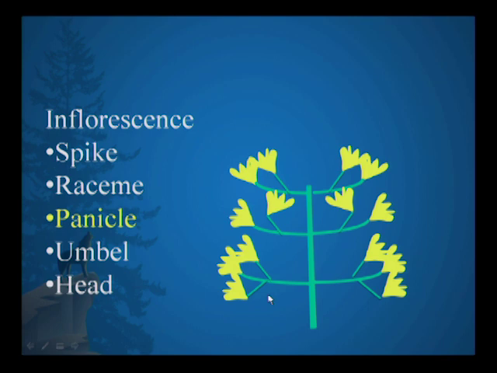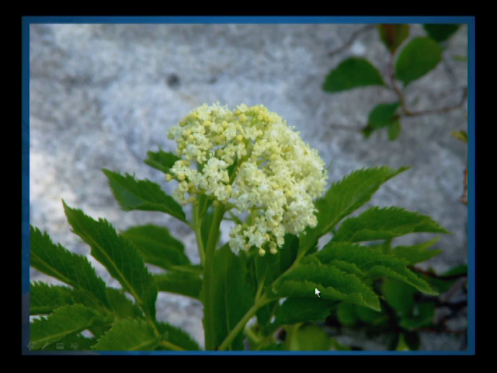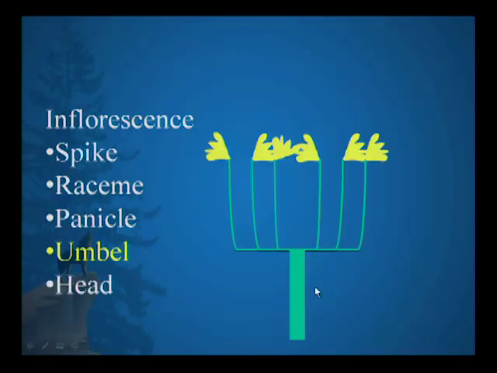Then a panicle would be where you have a cluster of flowers that share a pedicel attaching to the central stem. This is what that would look like, and this is mountain ash. An umbel is, and this isn't the greatest diagram, basically a circular mass of flowers that attach at a central core to a common stem.